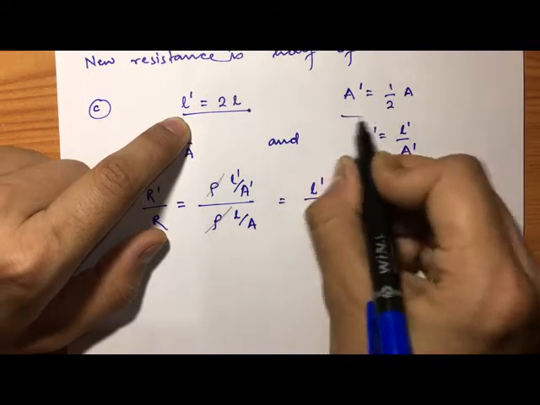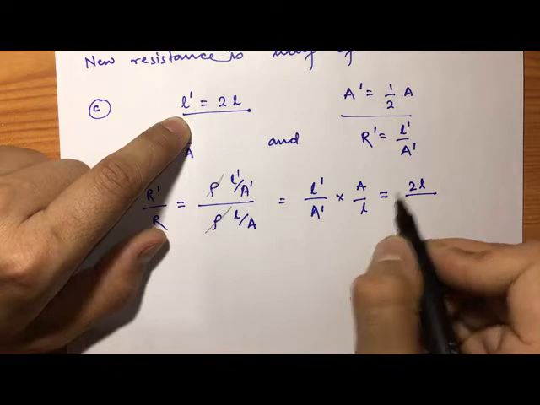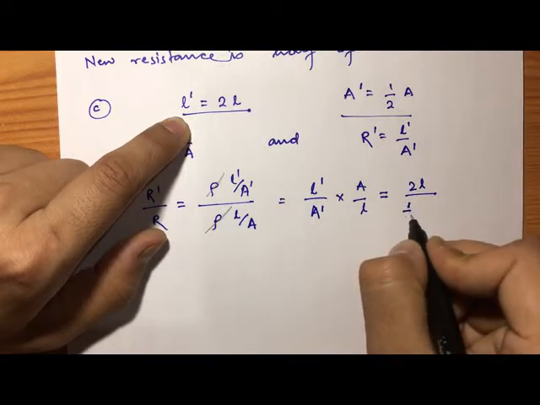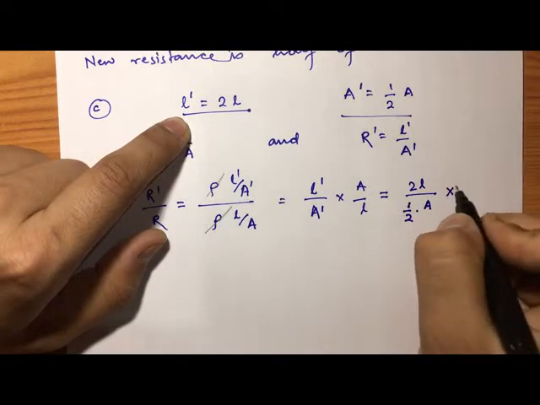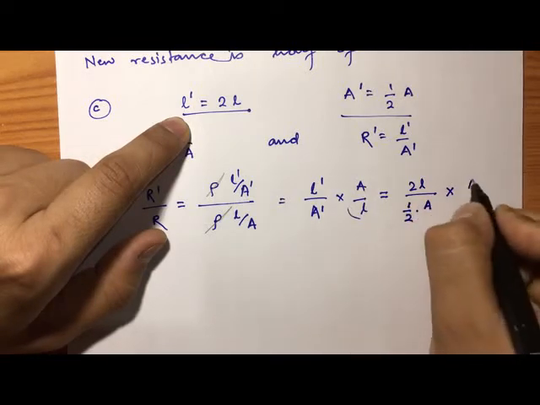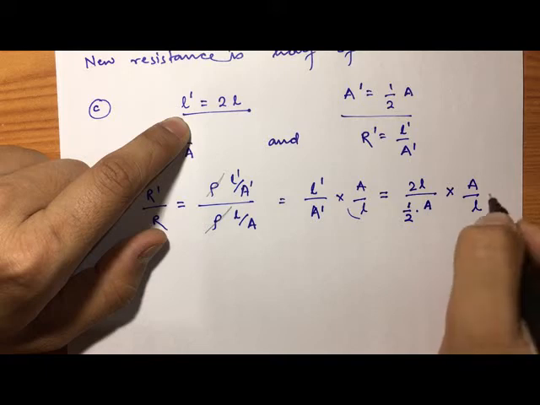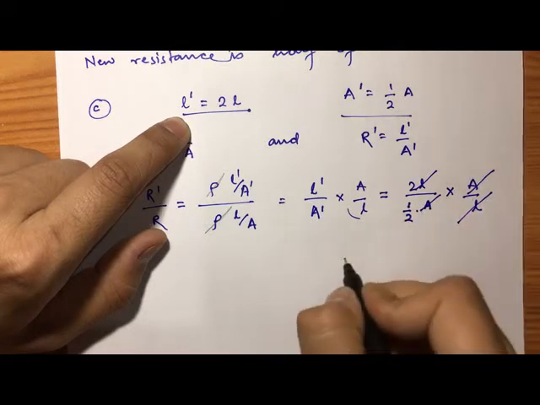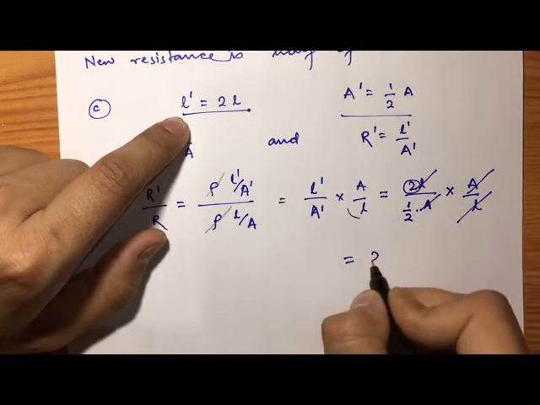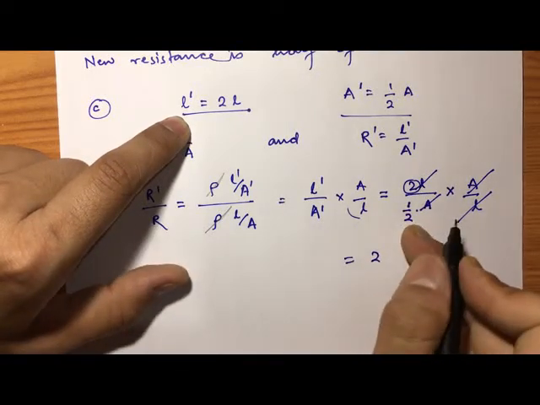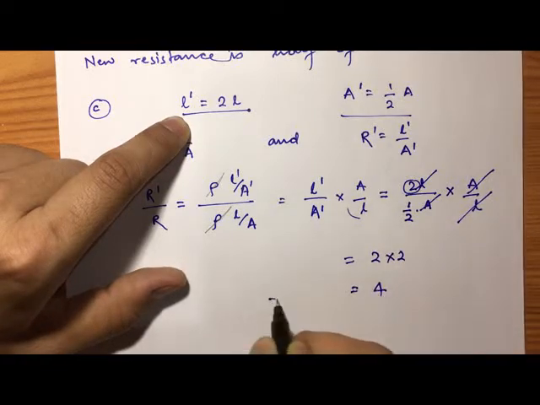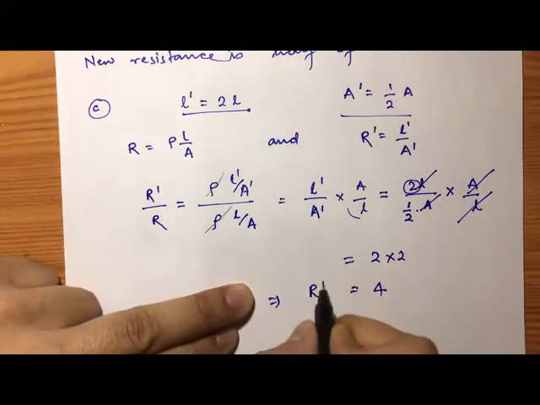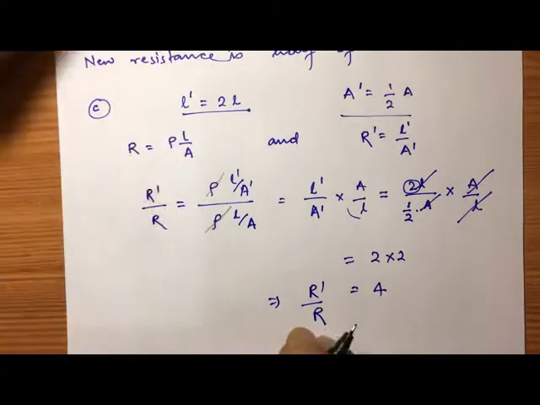In place of A prime I should write half of A, means 1 by 2 into A into A by L. Now this L and this L will be getting cancelled, this A and this A will be getting cancelled. I have 2 in numerator and half in denominator, so this 2 will go upward and I will get 4. This 4 is value of R prime by R.